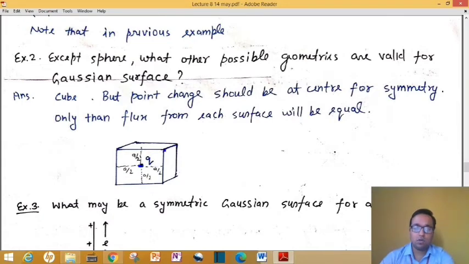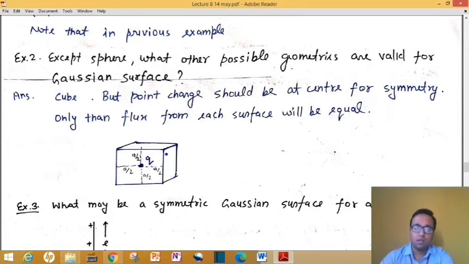What is the distance of this particular surface from the charge Q? Again A by 2. Each face of the cube is at a distance of A by 2.